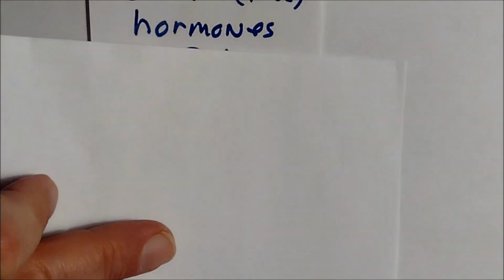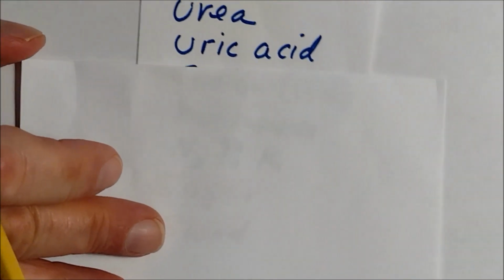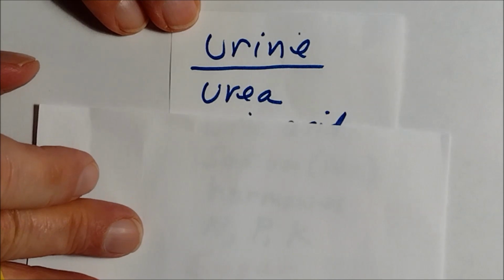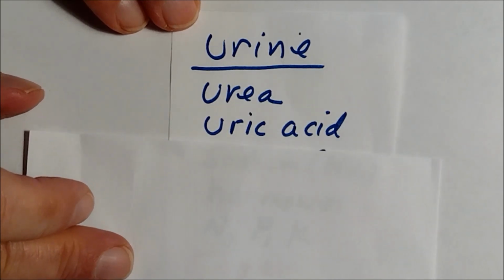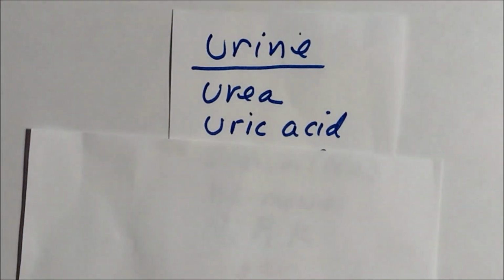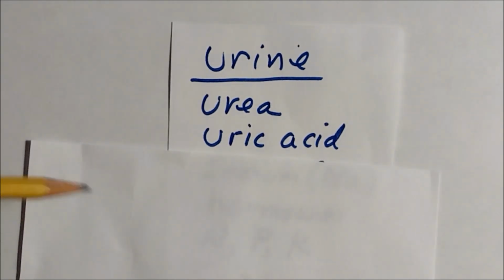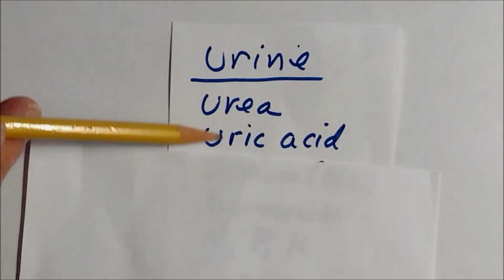Lastly, we're going to take a look at the contents of urine. I've sort of referred to this before, but we'll take a look at it in a little bit greater detail now. Urea and uric acid, again, are both byproducts of cellular metabolism. These are sort of poisons, toxins.